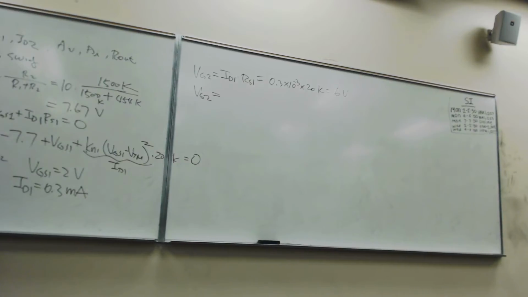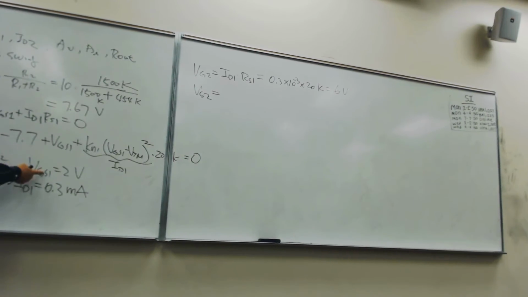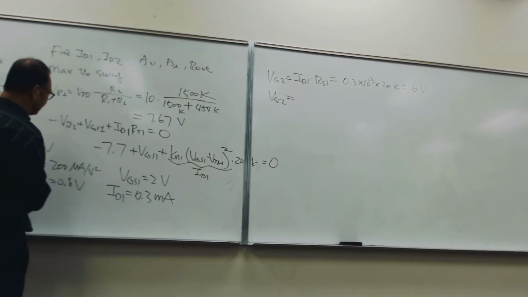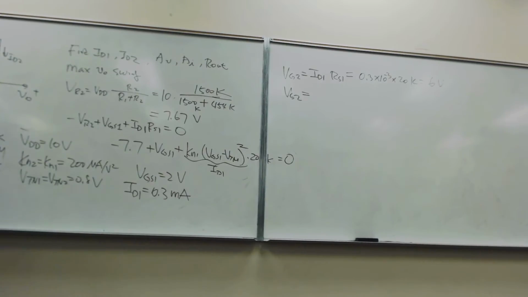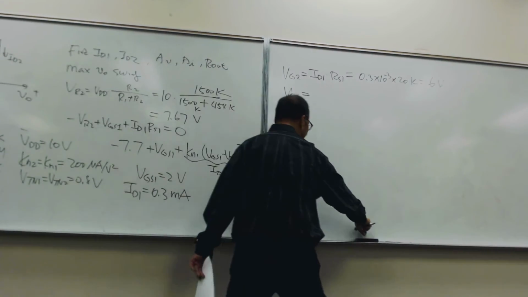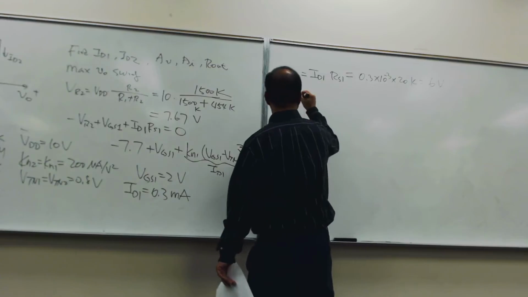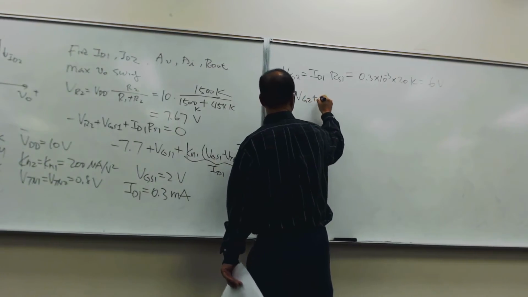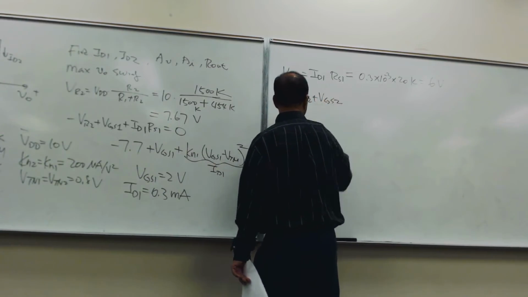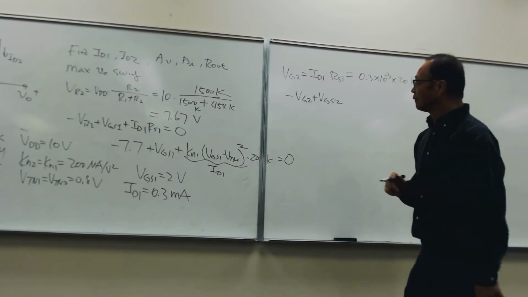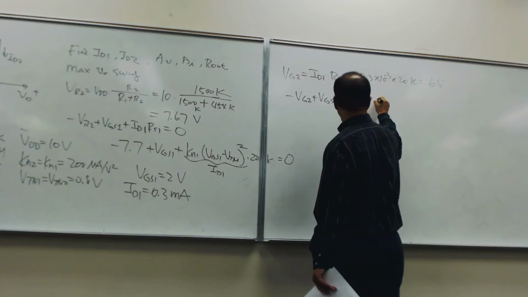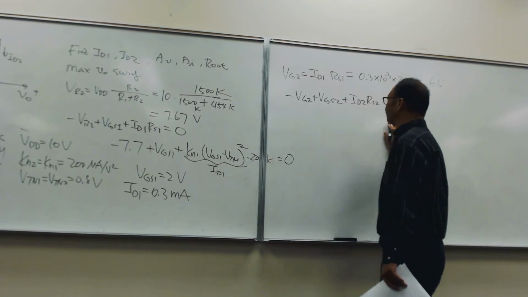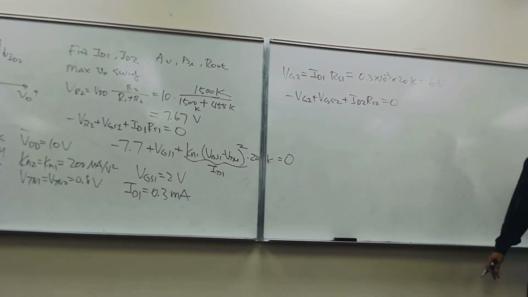So that should be a minus. Okay, got it? I hope this is still correct. So the same for the second loop, the second stage. It's minus VG2 plus VGS2 plus ID2 RS2 equal to 0.